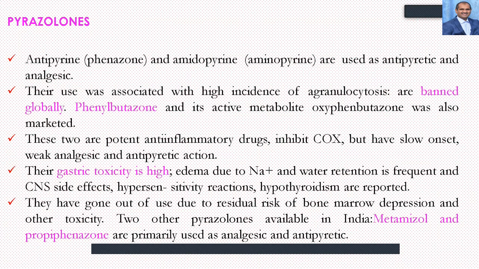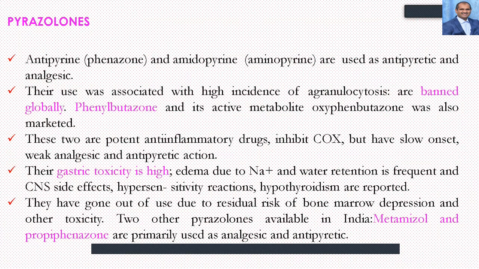also marketed. Antipyrin and amidopyrin are both not used because of their potent side effects. Of course, their potency may be more, but they cause a lot of side effects. Hence, if you weigh the benefit and risk ratio, the risk will be more.